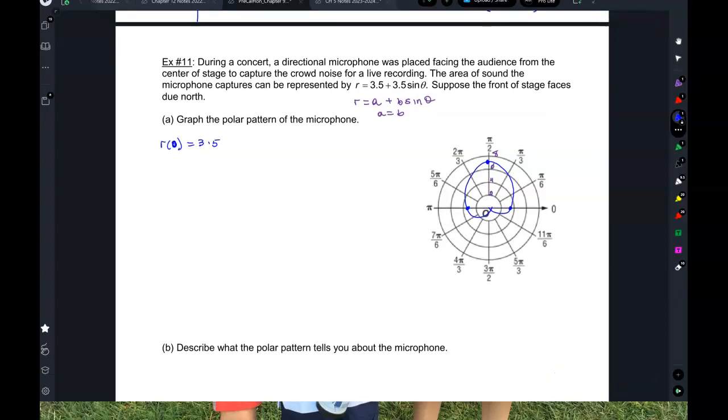So what does this tell you? If you are sitting inside the region of this cardioid, the microphone will pick up your voice. If you are sitting anywhere outside, the microphone will not pick up your voice. And isn't that the coolest thing ever? That the math says that the person sitting here will be heard, but the person standing there will not be heard.